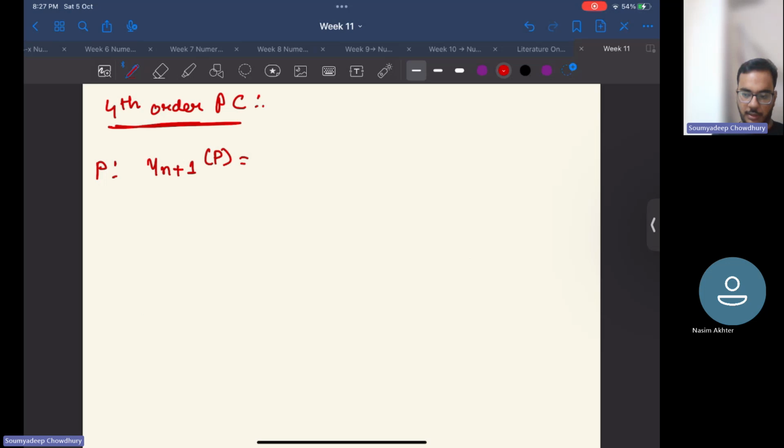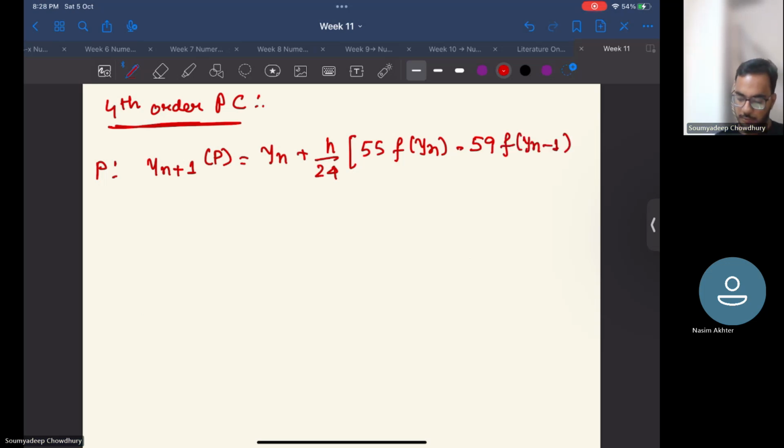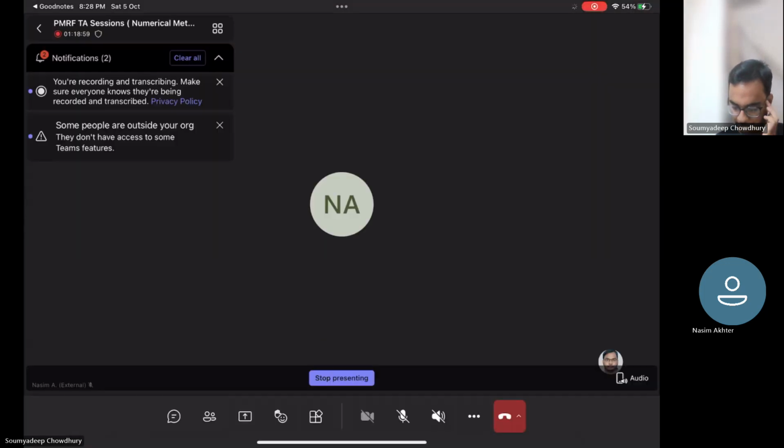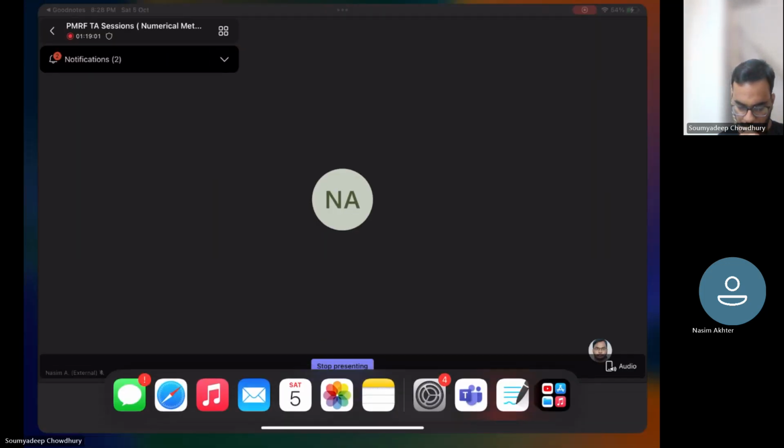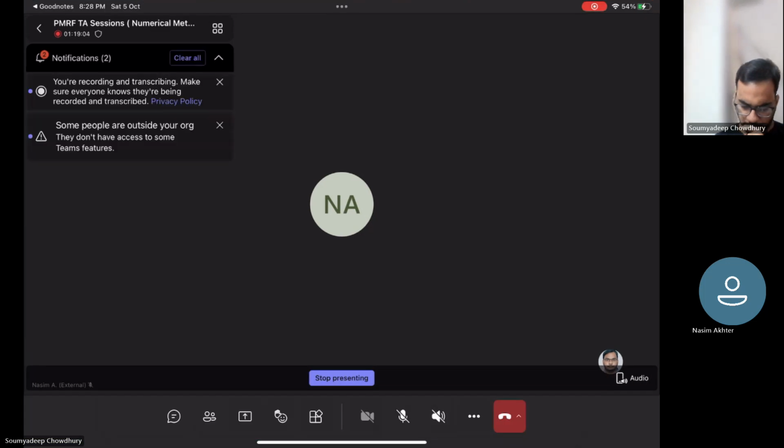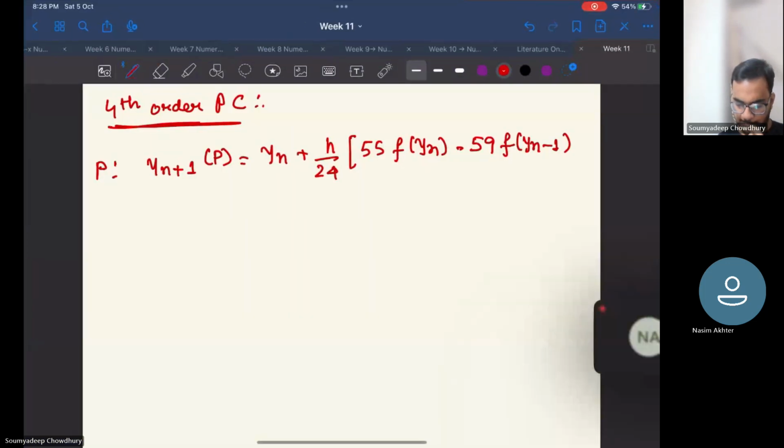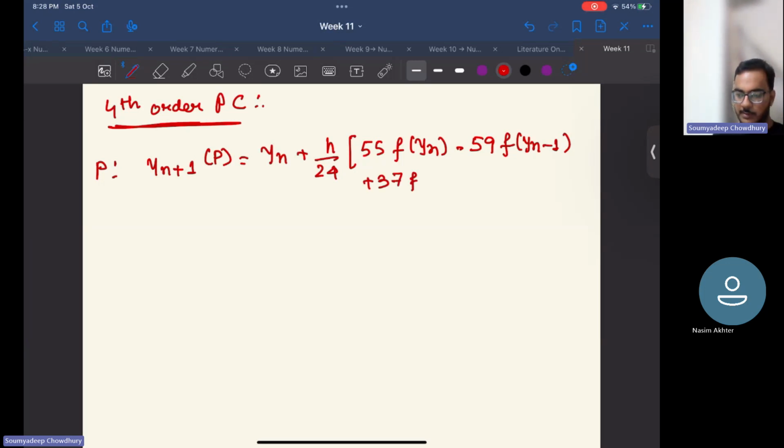Yn plus 1 predicted is equal to Yn plus h by 24 times 55 times f of Yn minus 59 times f of Yn minus 1 plus 37 times f of Yn minus 2 minus 9 times f of Yn minus 3.